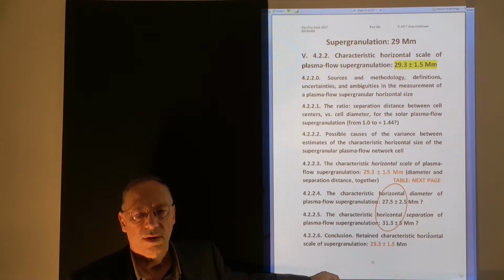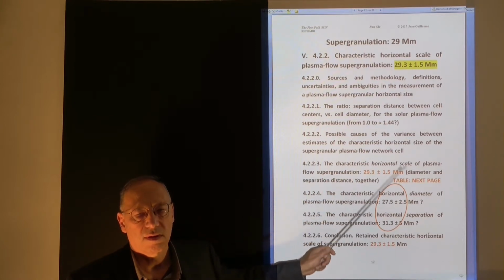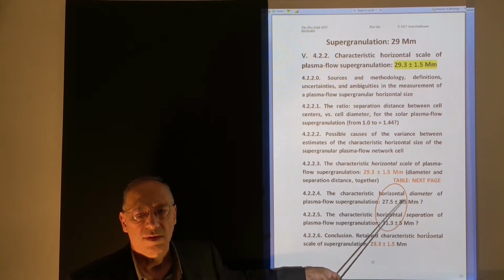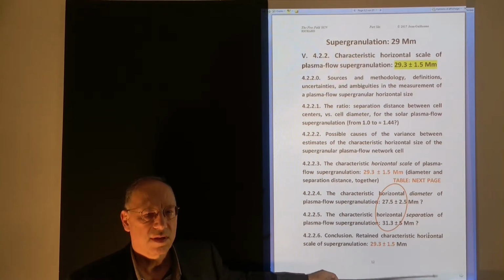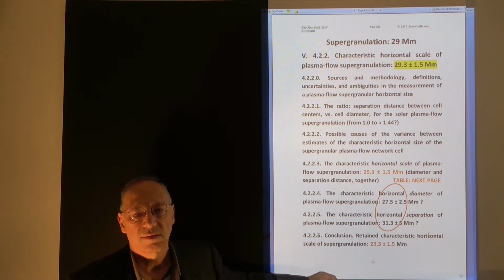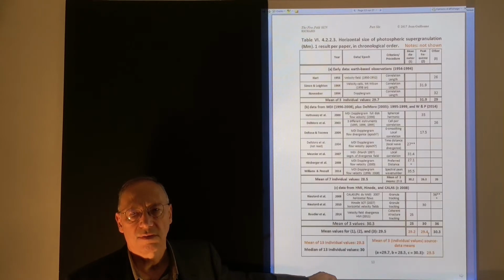We tried to refine this estimate, and after many methodological difficulties, for instance the distinction between a horizontal diameter and a horizontal separation in the solar physics jargon, we arrive at about the same typical size, which in our results is 29.3 plus or minus 1.5 megameters, very close to the canonical accepted value of 30.